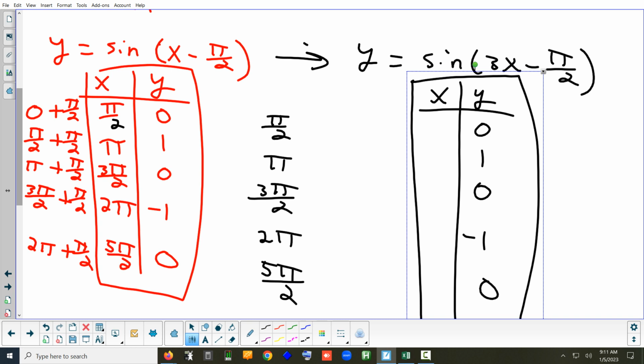And as Matt said, let's divide them by 3 or multiply by 1/3. And if we do a couple of them, you're going to start to see the pattern. So we've got pi over 6. What's the next one?